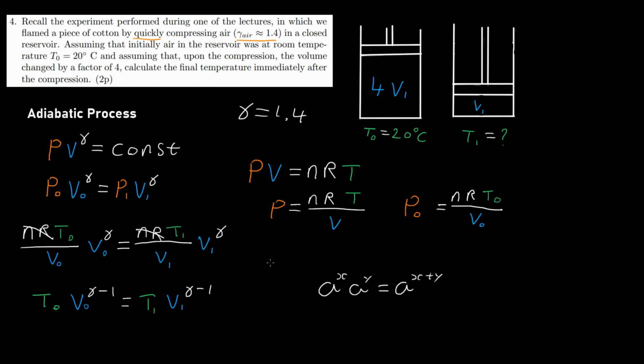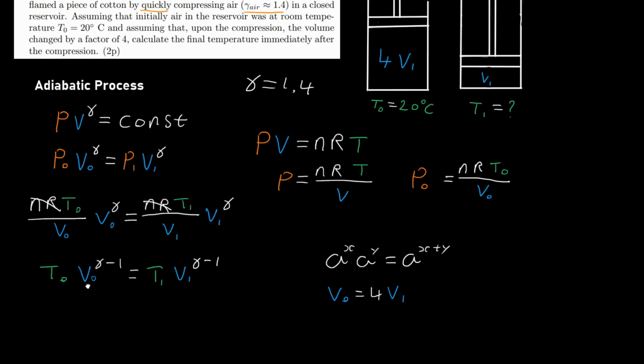Okay, so now let's try to deal with the volumes. What we did up here was we said that the initial volume is 4 times the final volume. So we can write that a bit more explicitly, saying that V naught is equal to 4 V1. So then let's make that substitution, plugging 4 V1 into our V naught over here.